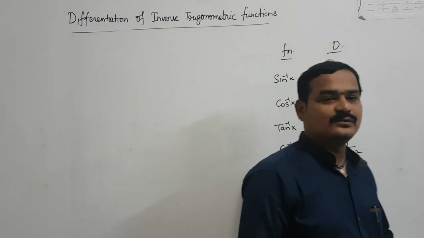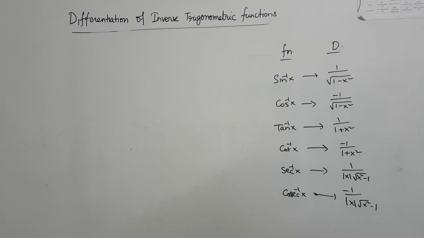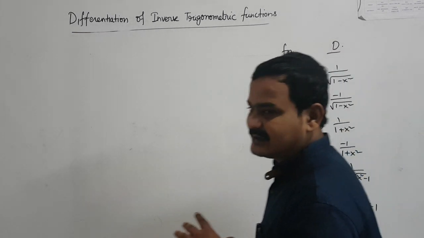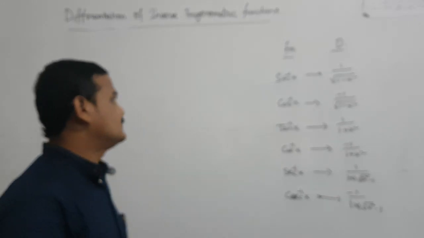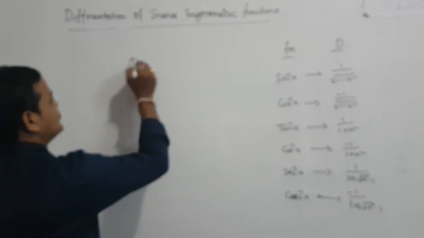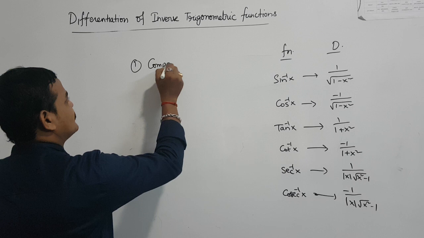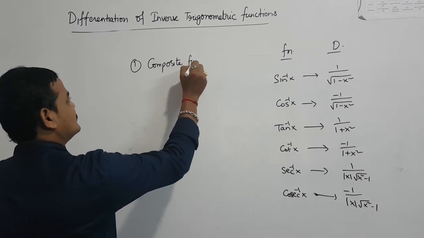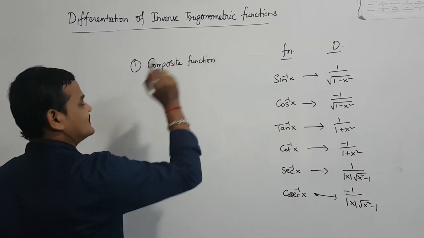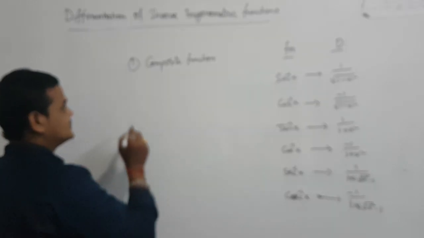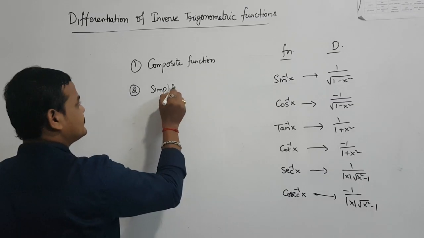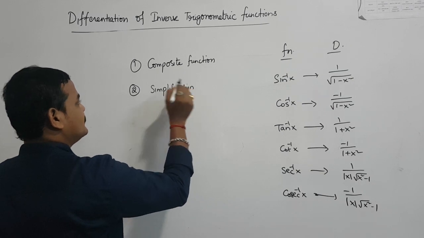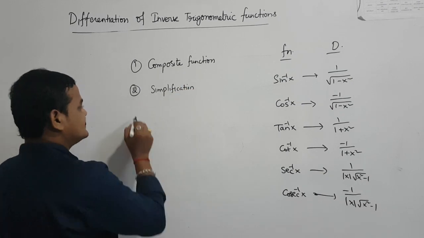Now you are going to find the differentiation of functions. Differentiation of inverse trigonometric functions can be simplified in three ways. First one is the composite function model, which means the chain rule concept. Second one is simplification by using trigonometric formulas.